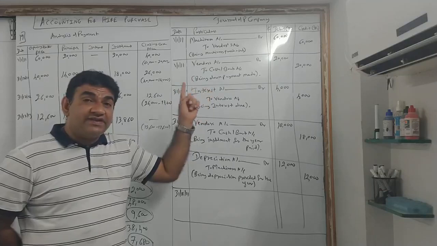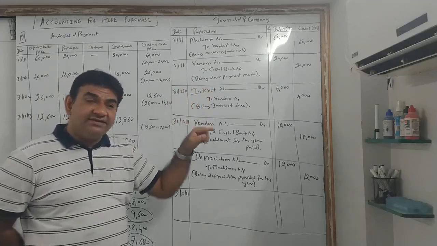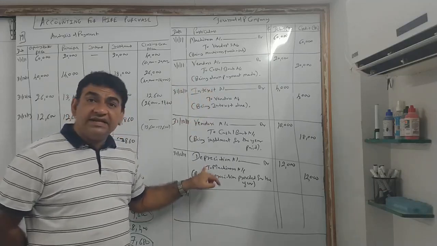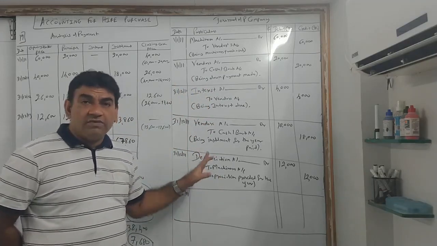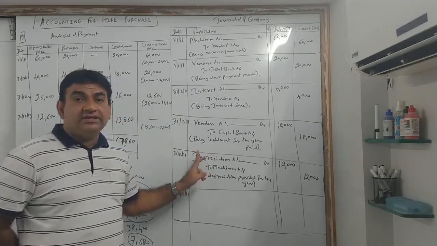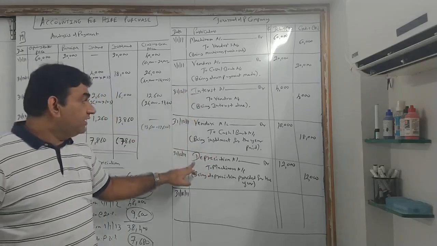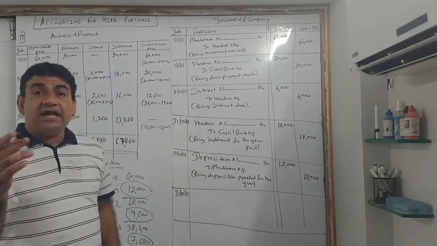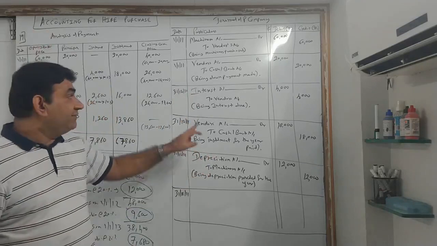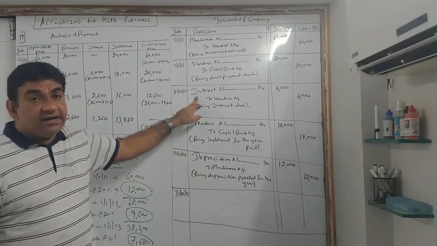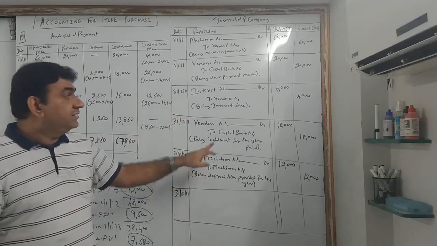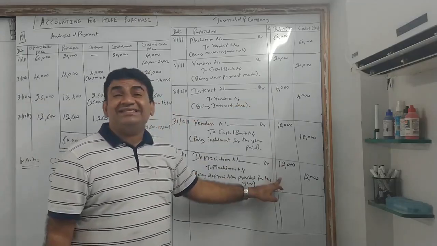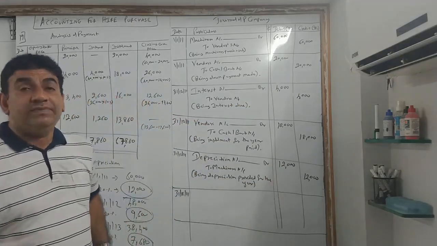See, when you pay interest, in final accounts it comes on the debit side of P&L, and even depreciation on the debit side of P&L. In manufacturing it was on the debit of manufacturing, but normally it goes on the debit side of P&L. So at the time of incurring, I debited. Now I will transfer to P&L. Interest I debited, now I will credit. Depreciation I debited, now I will credit. And the total, 4 plus 12, 16,000, I will transfer to P&L.